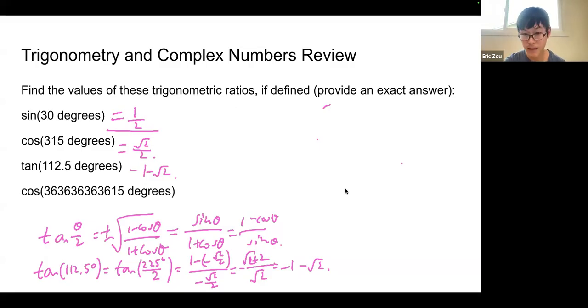All right, what's the last one? Okay, Felix, what's the answer to the last question? Cosine of this many degrees.